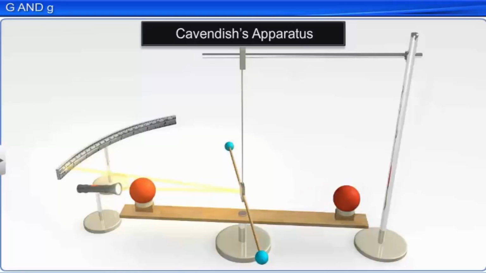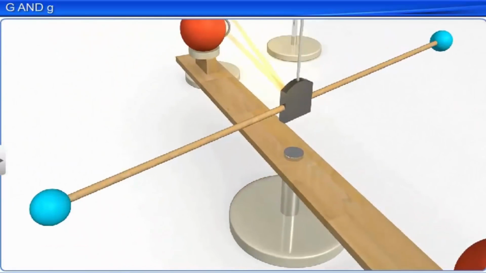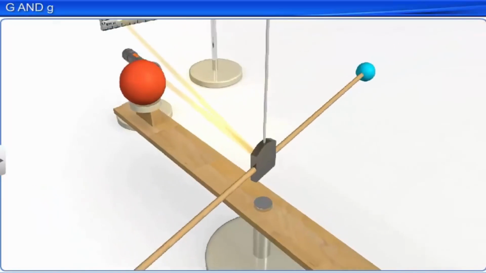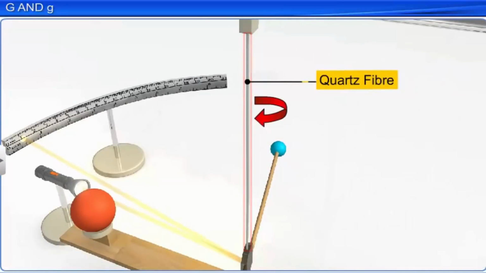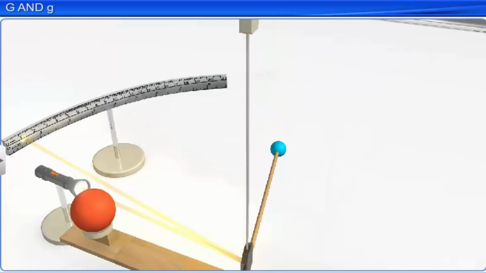Now let us try to understand how this instrument helps measure the universal gravitational constant, G. Basically, the smaller pair of spheres is attached to either side of a light wooden rod, suspended from a rigid support by quartz fiber, and is free to rotate by twisting the fiber. The setup is kept within a closed environment to avoid air currents.